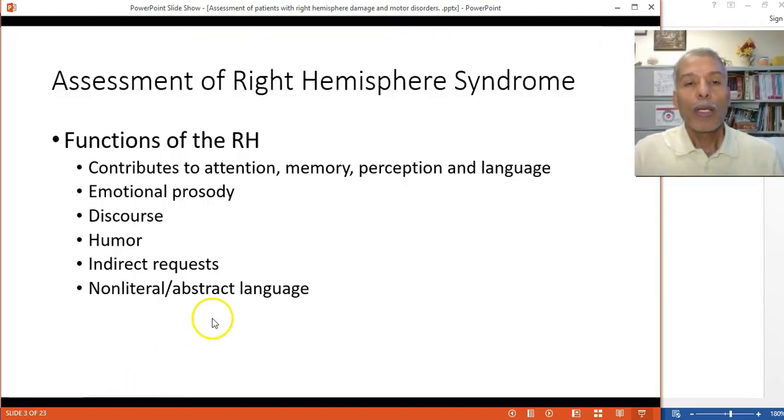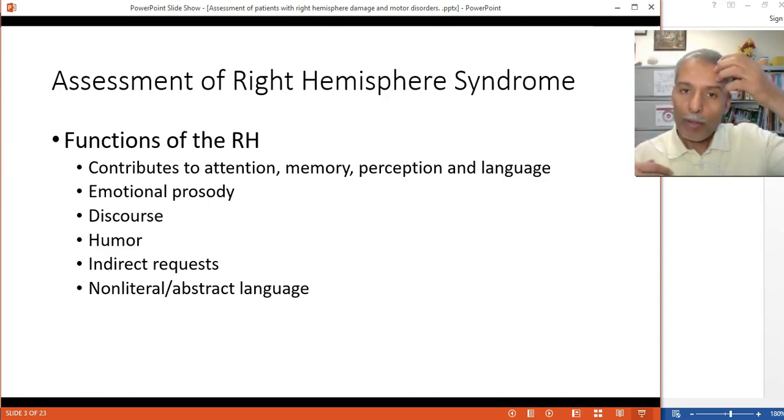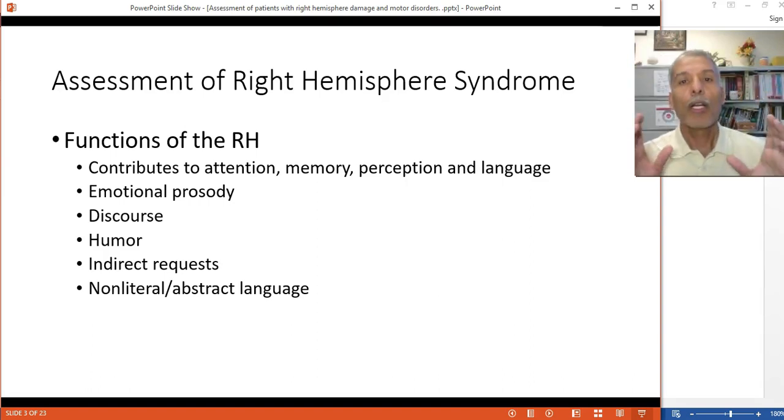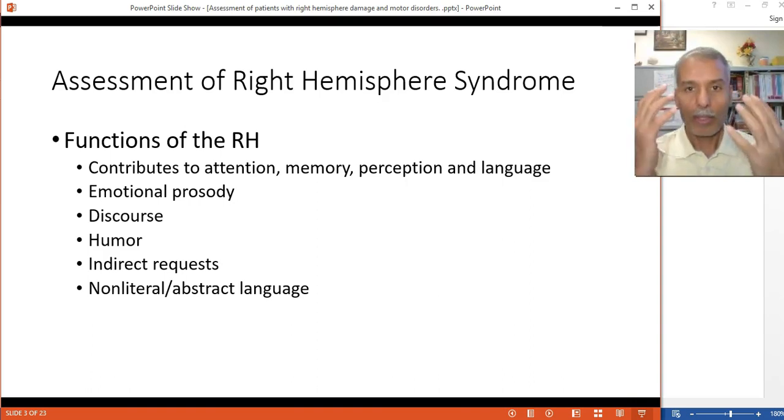So the right hemisphere, especially the frontal lobe of the right hemisphere, works with the frontal lobe of the left hemisphere to regulate, to make you have attention skills. Attention, there is no single area in the brain where you can point to and say, this is the area for attention.